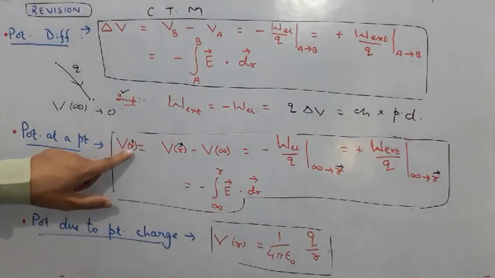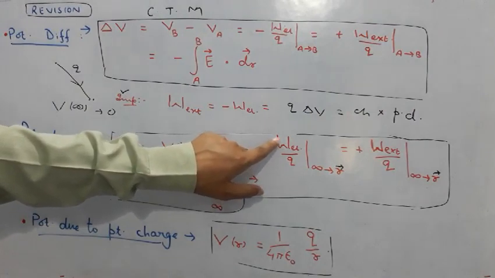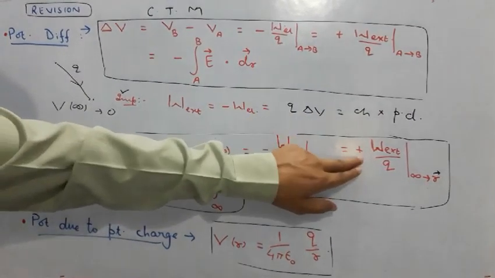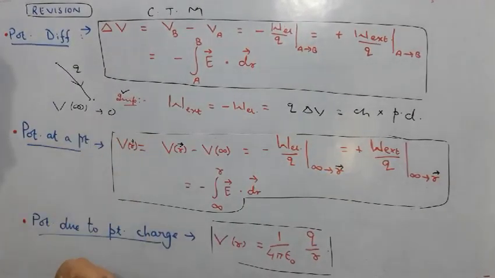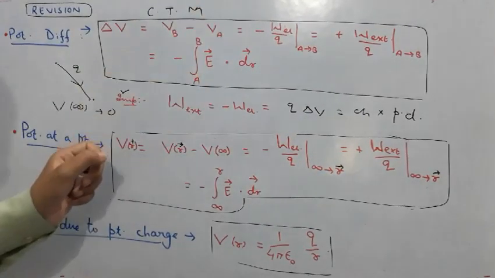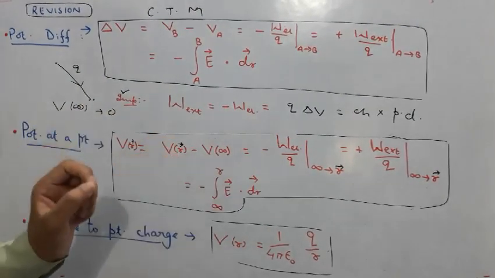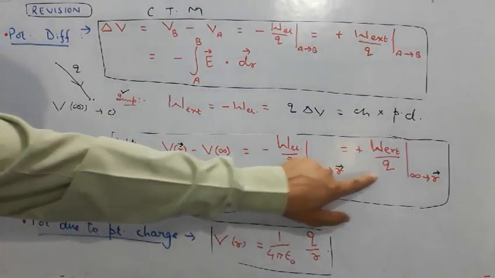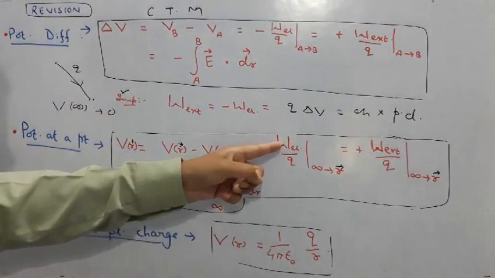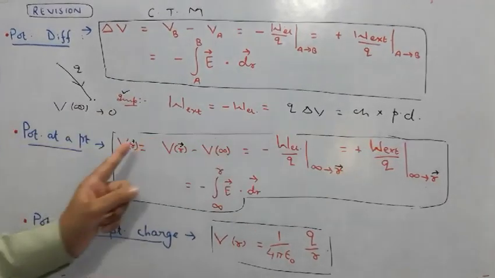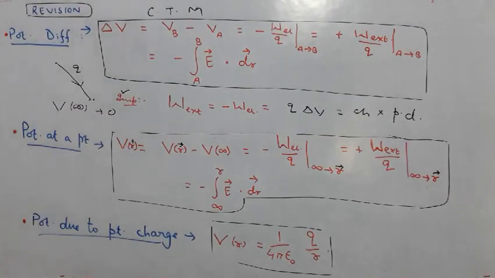Then potential at that point is defined as negative of work done by electrical forces or electrical fields, or positive of the work done by external agent in bringing unit positive charge from the reference. What is our reference? Our reference is infinity to the given point r. So infinity to r, if you bring unit positive charge, you have to do some work. That work, external work, is equal to potential at that particular point.